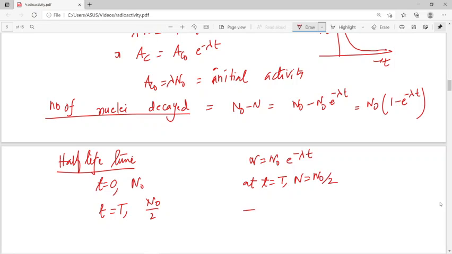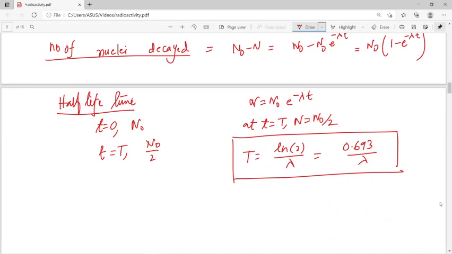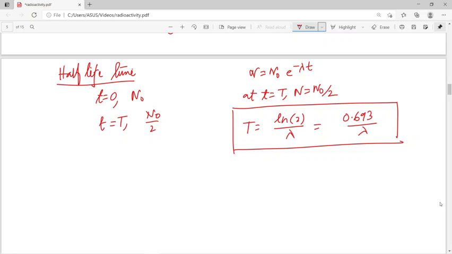Then we find T equals ln2 by lambda, which is nothing but 0.693 by lambda. That is the half life and its relation with the decay constant.